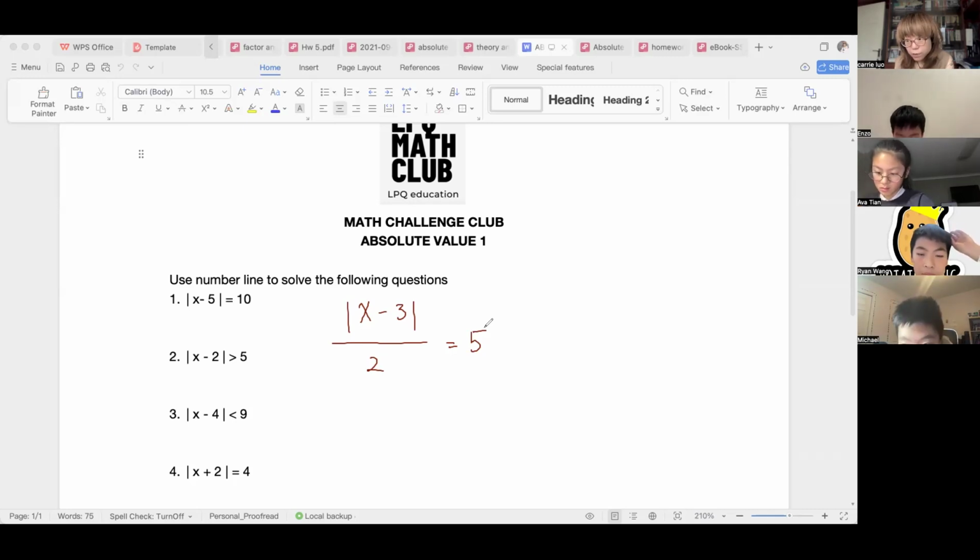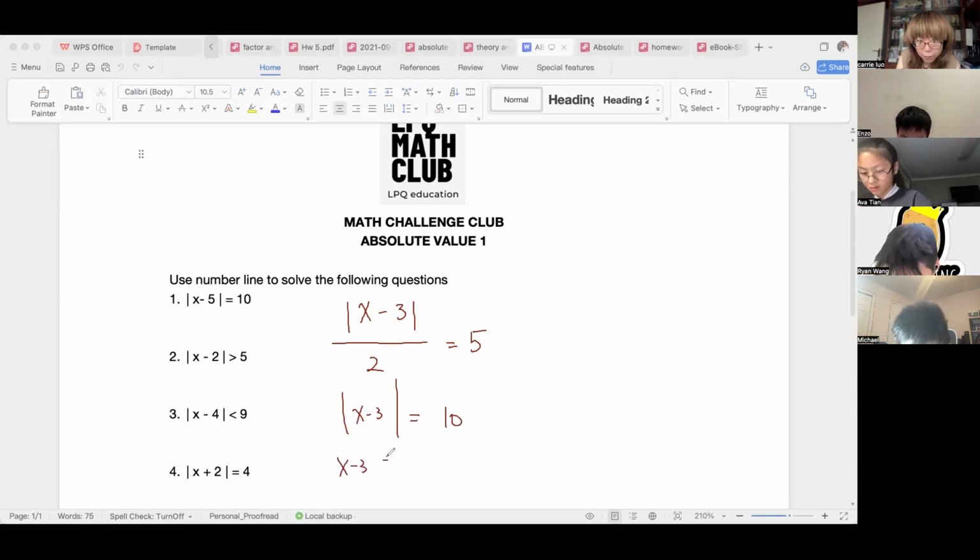We're going to move this 2 over to the other side, right? So equals what? The absolute value of x minus 3 equals 10. Did you get it, everybody? Okay, then we do x minus 3 equals 10, or x minus 3 equals negative 10. So x equals 13 and x equals negative 7. Understand?